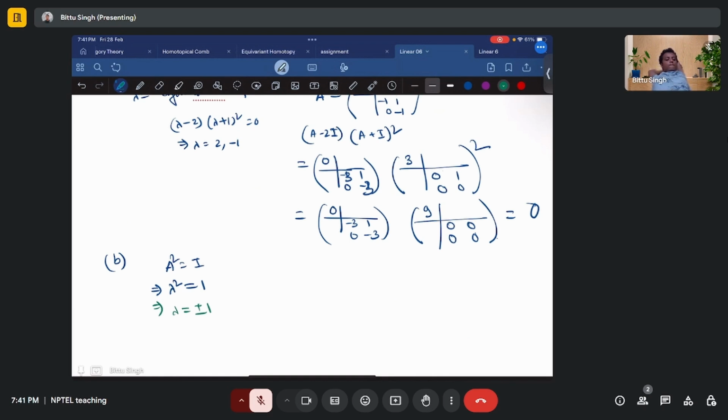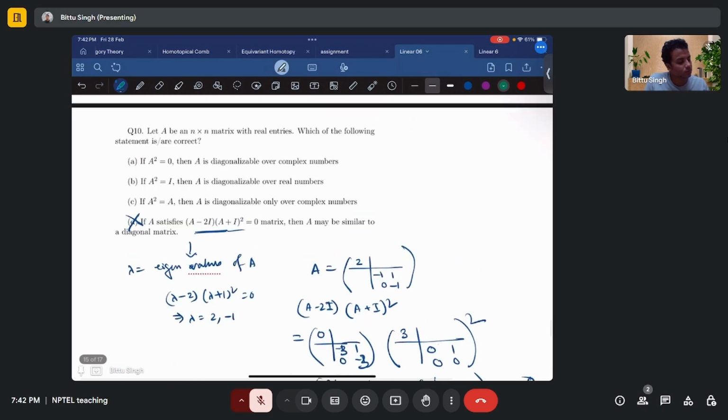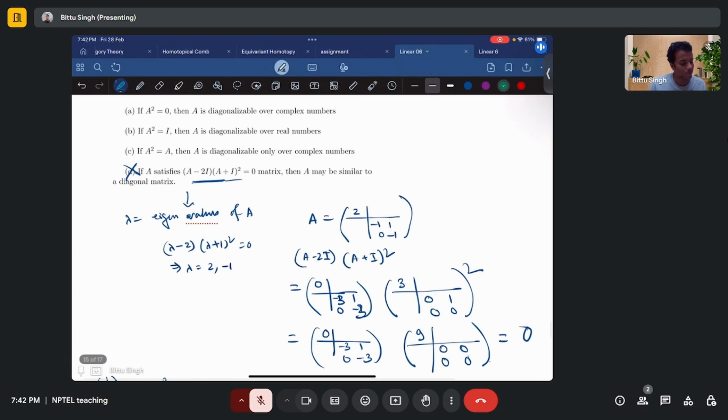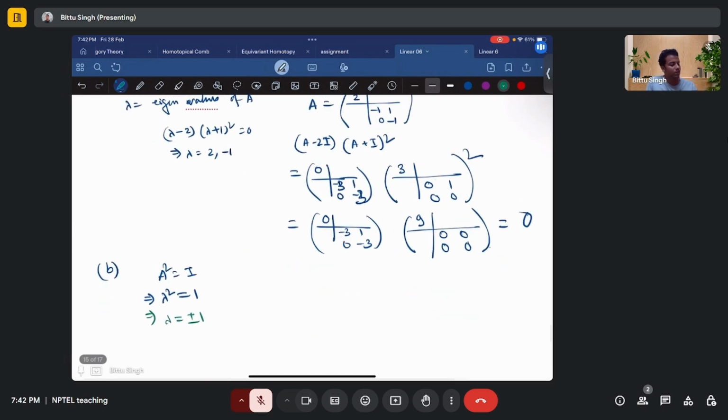Now, so let us solve. Okay, here we need to use the Jordan canonical form. It says for any given matrix A, there exists some invertible matrix P such that P inverse AP is a block diagonal matrix.